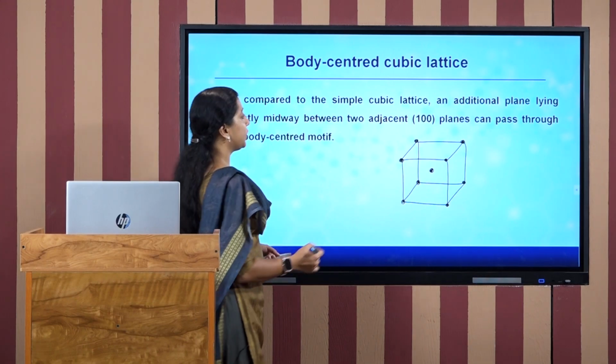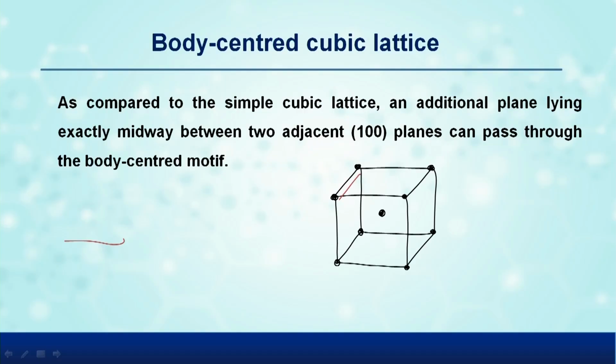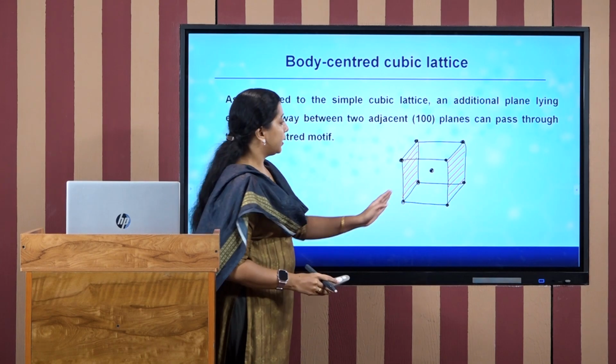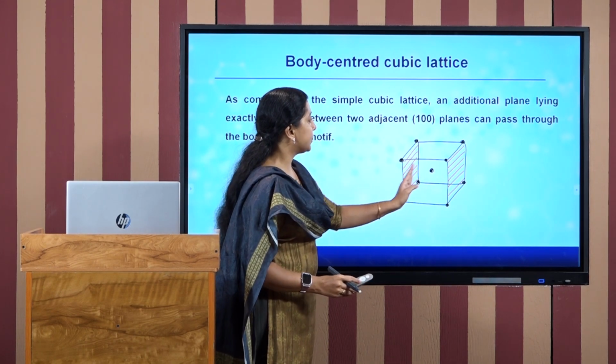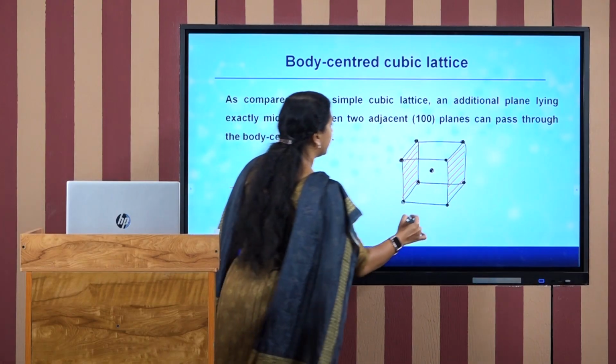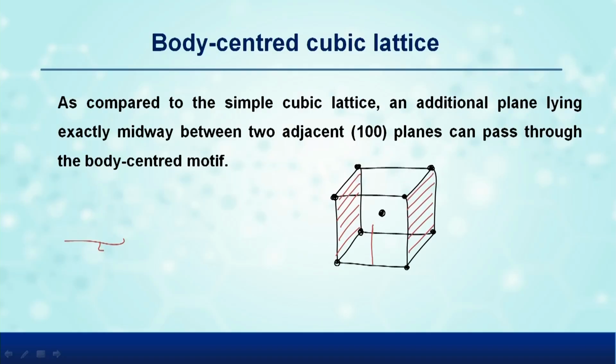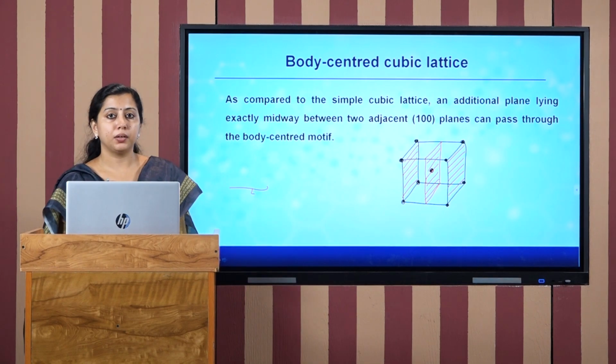Now, if we try to draw the 1 0 0 plane, as in the case of a simple lattice, in the body centered one, these are the two adjacent 1 0 0 planes. Now, you can see a plane passing midway between the two adjacent 1 0 0 planes, passing through the atom at the center of the body.